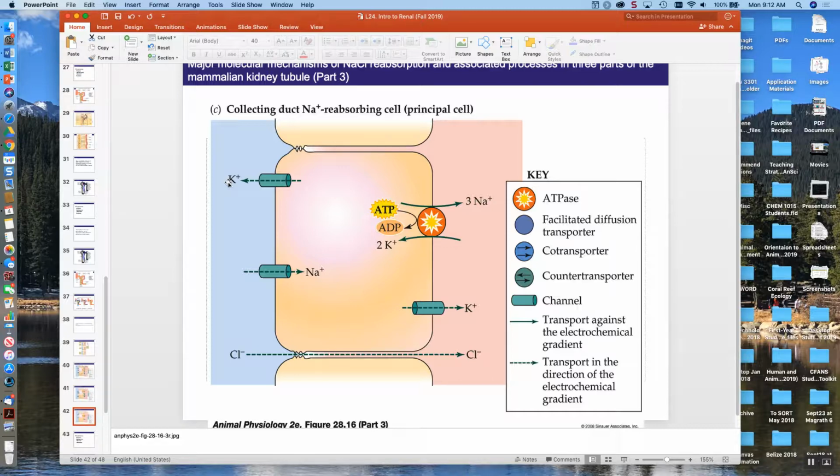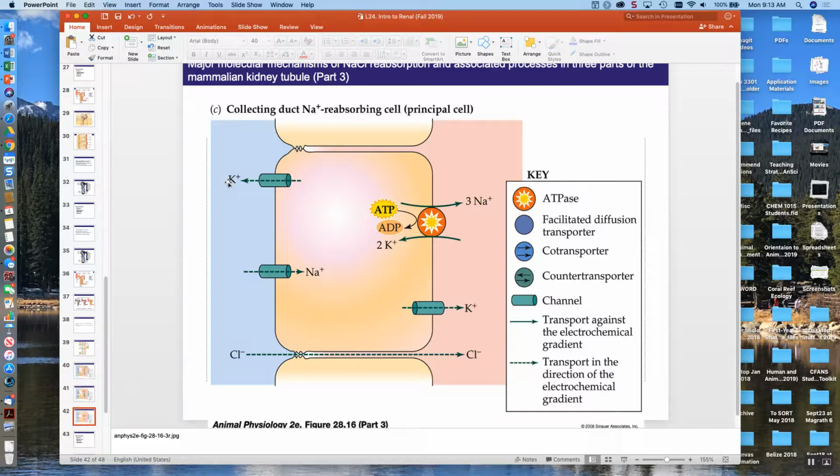What's cool about this is if you overloaded on potassium. Let's just say you ate 50 bananas, or you ate like 3 bags of apricots, which are also high in potassium.